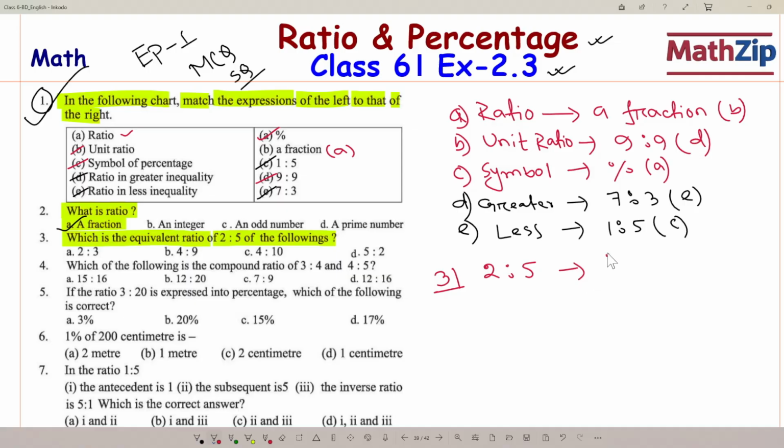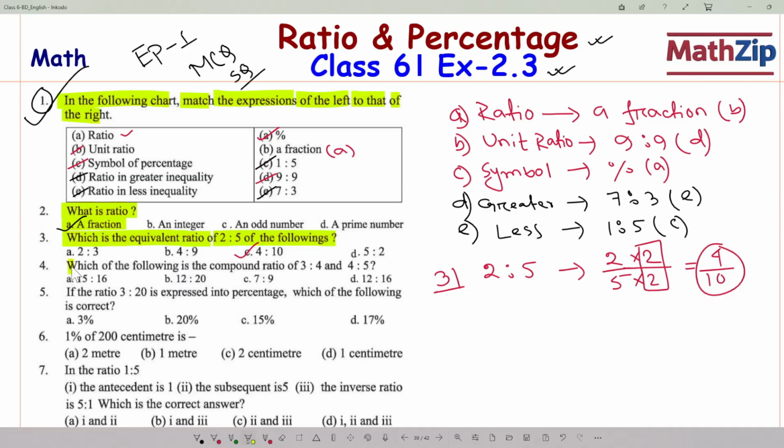This one we can write as 2/5. So which one is similar? Look, number C is similar, because once we multiply both numerator and denominator by 2, 2 times 2 will be 4 and 5 times 2 will be 10. So once we multiply by 2 we will get 4/10, which is number C. This is a perfect answer.